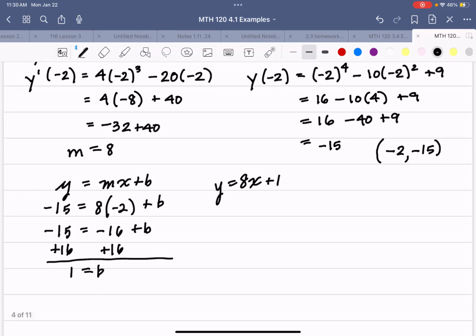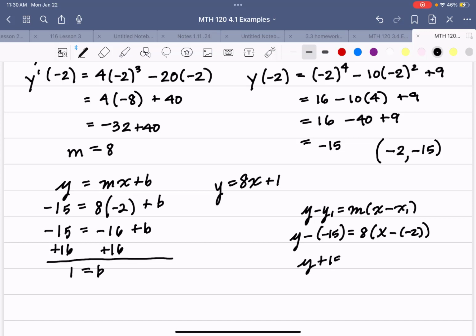Now, since they didn't specify, if you prefer y minus y1 equals m times x minus x1, it would be y minus negative 15 equals 8 times x minus negative 2. So that's y plus 15 is 8 times x plus 2.